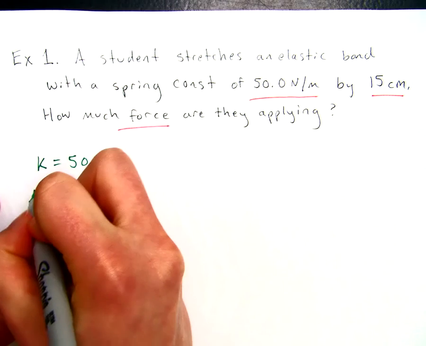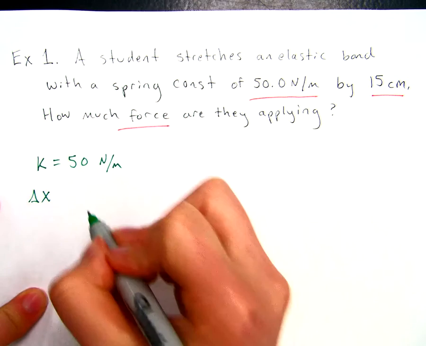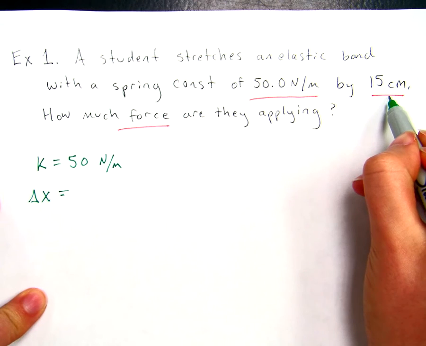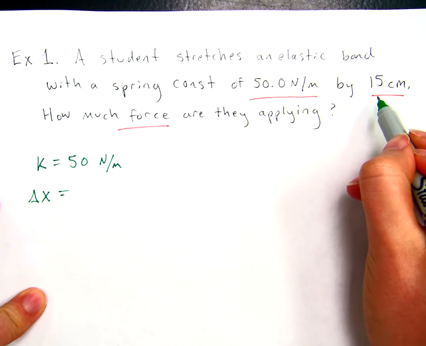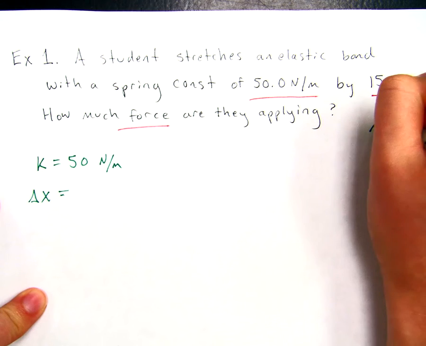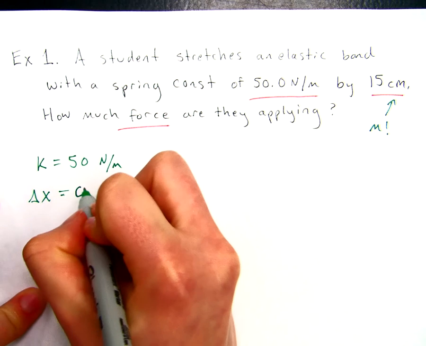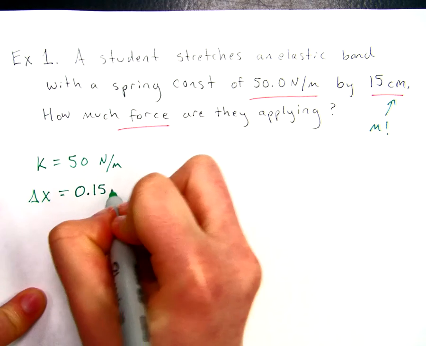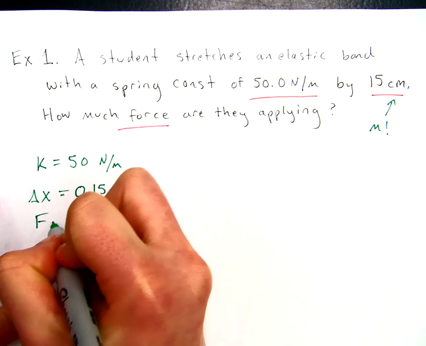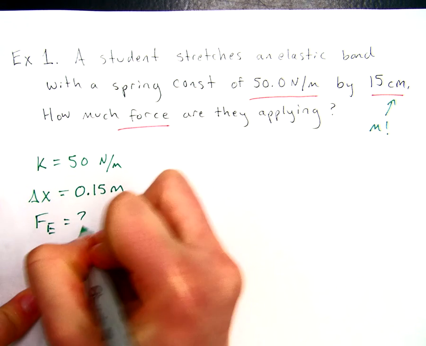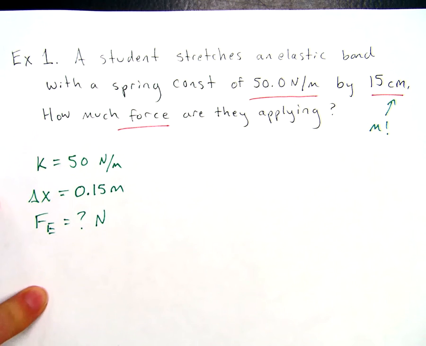And then we have our distortion. We have a delta x. Now in the problem it says 15 centimeters, but on the previous page we said it has to be in meters. So we need to convert. It's a really easy conversion. We know that this is going to be 0.15 meters. And we're going to be looking for that elastic force. And we know the unit is in newtons.